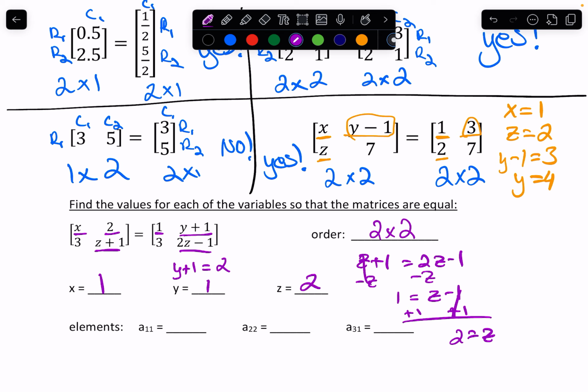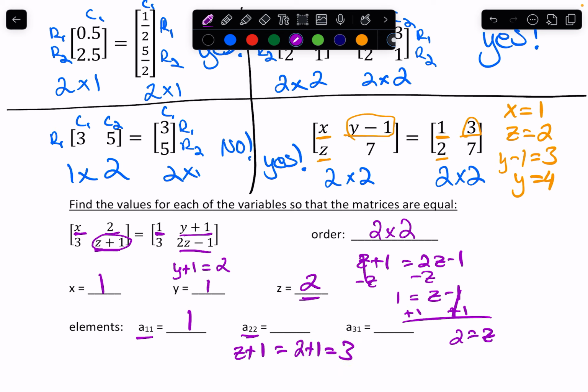Okay, so let's go ahead and look at element 1, 1. Well, we can look at either one, it is going to be a 1. Element 2, 2. So the second row and the second column. So z plus 1, and our z is 2, so 2 plus 1 equals 3.